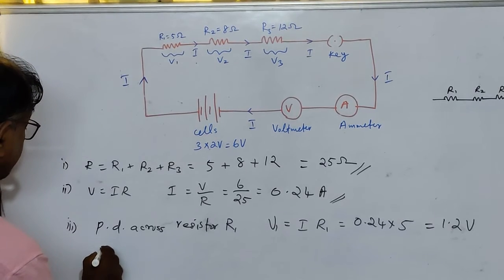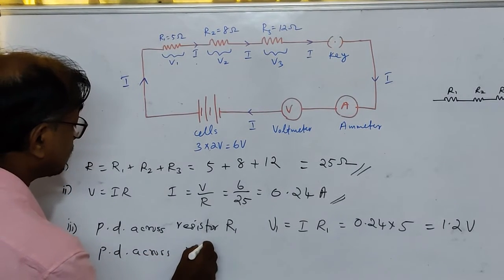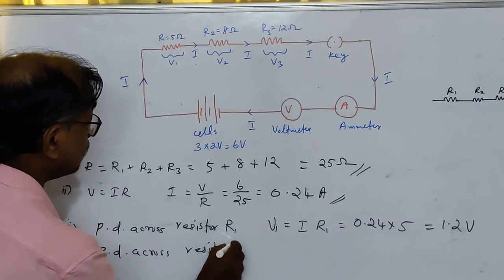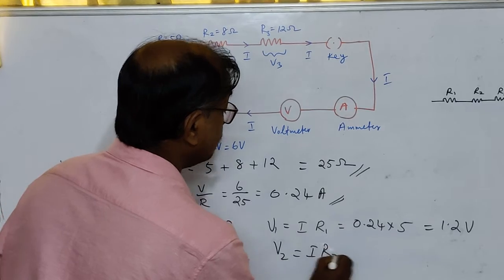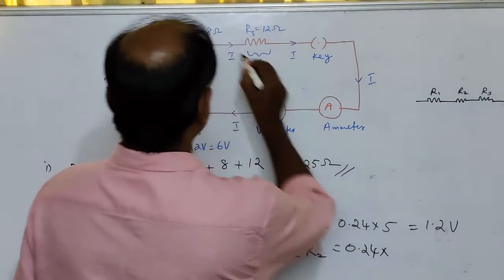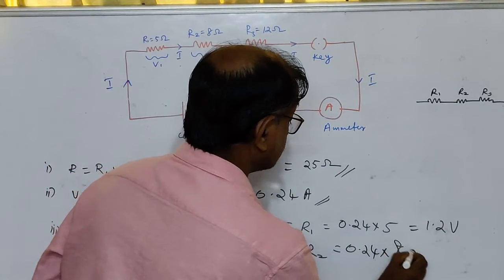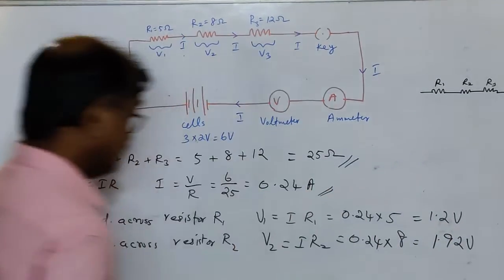Similarly, the PD across the second resistor R2 can be written as V2 equal to IR2, that is I is 0.24 ampere into second resistance is 8 ohm. So this will give you 1.92 volt.